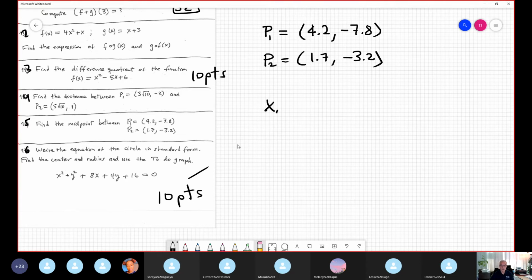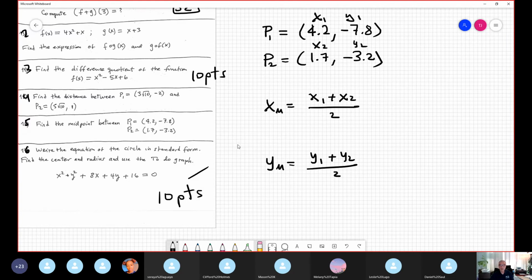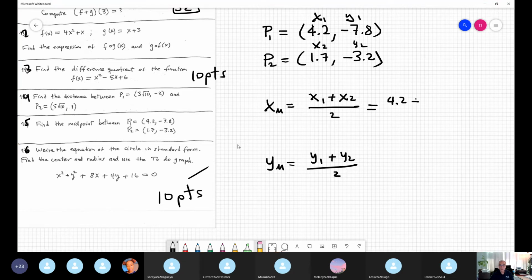The x midpoint is x1 plus x2 divided by 2, and the y midpoint is y1 plus y2 over 2. And the first operation is 4.2 plus 1.7 divided by 2.